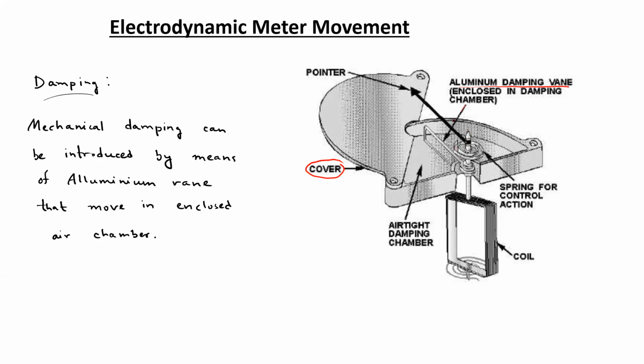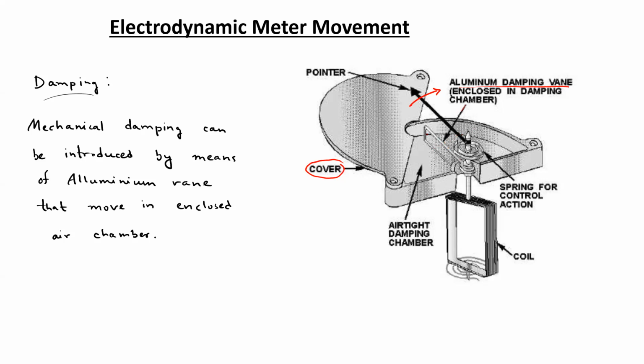Now, when the pointer is, let's say, moving to the right or in the clockwise direction, the aluminum vane is also going to move in the rightwards or clockwise direction. But as the air is present inside this enclosed chamber, the air is going to produce some resistive force on the aluminum vane.